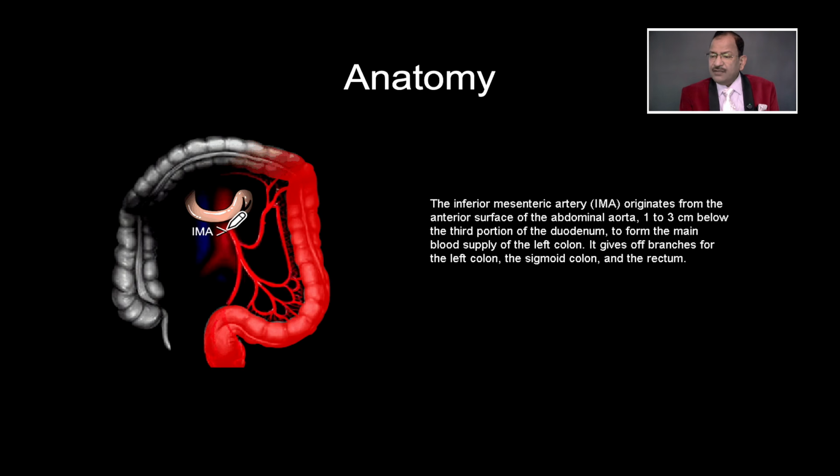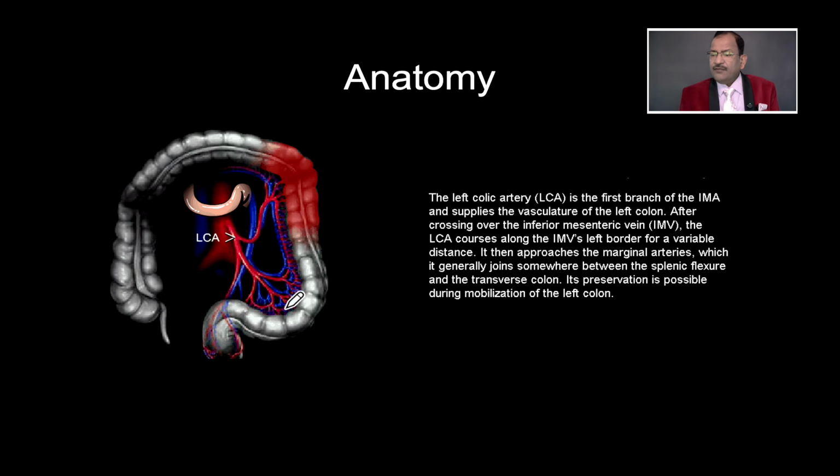This is the inferior mesenteric artery, which originates 3 cm below the third part of the duodenum. The anterior branch is, of course, retroperitoneal. The left colic artery supplies the splenic flexure of the colon.